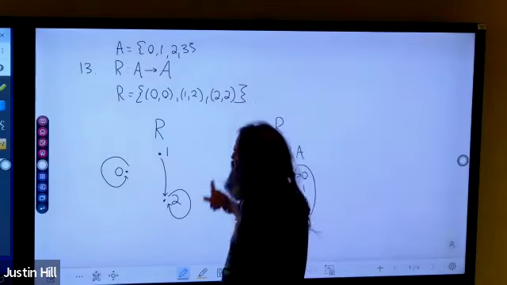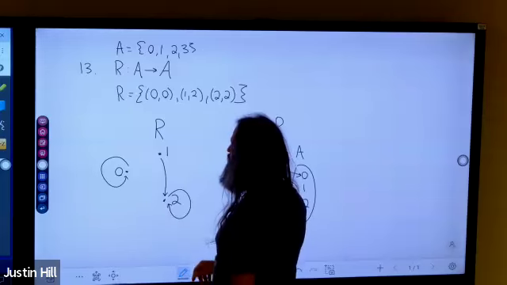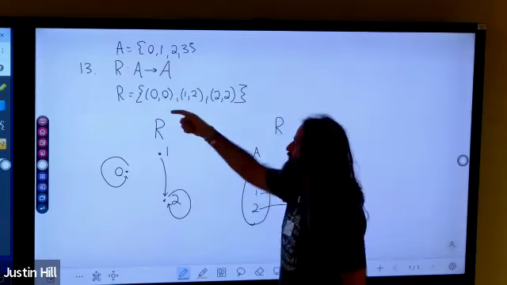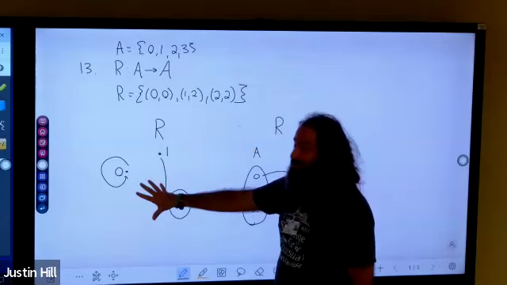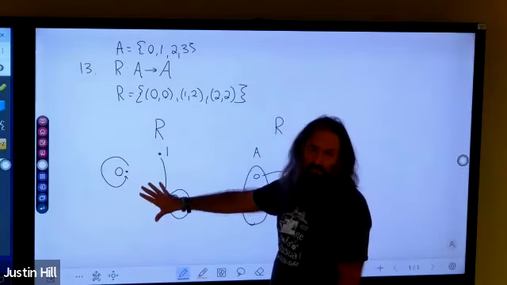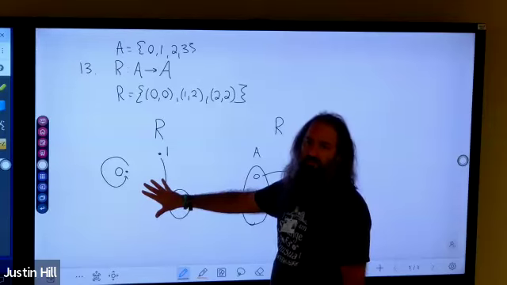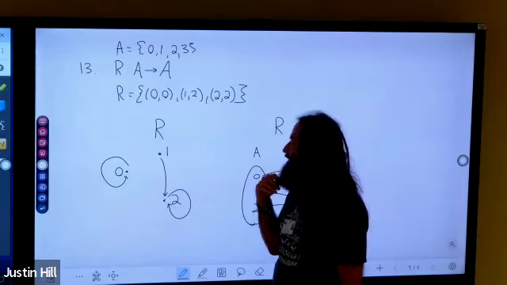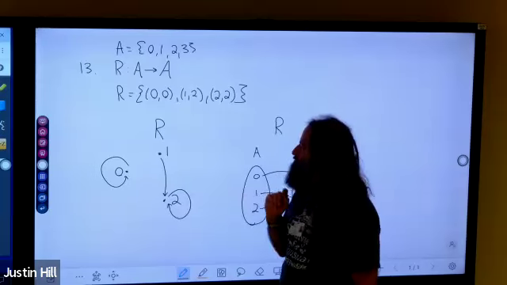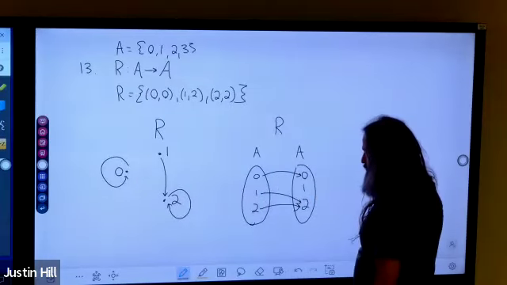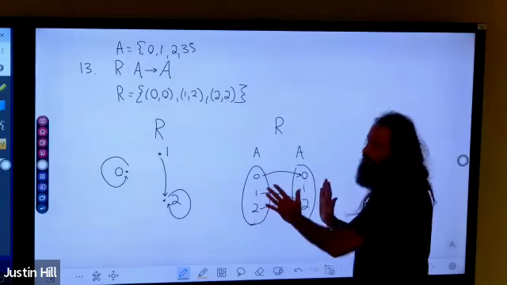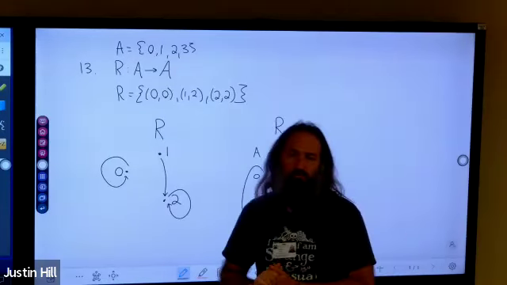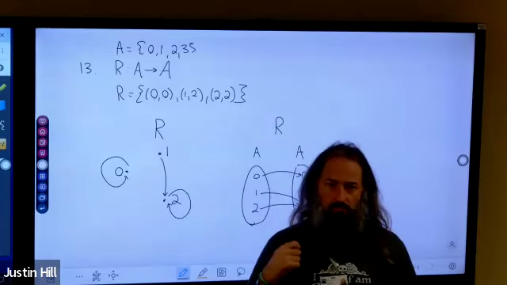So this is a directed graph of the relation R. Just like the ordered pairs, this is the relation, because it tells you the exact same thing: all the ordered pairs. A directed graph is just an arrow diagram that's been collapsed down so that you don't have to repeat what you're writing.